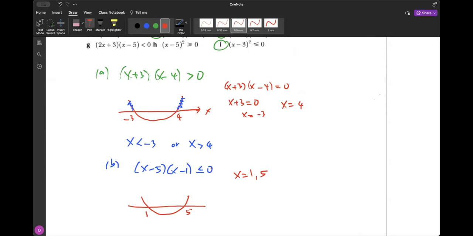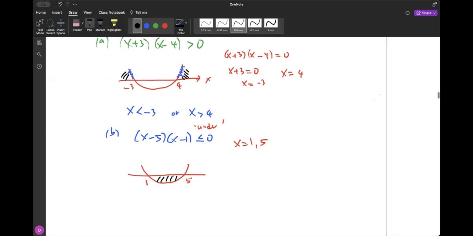This is under 0. Less than 0 is under 0. More than 0 is above 0. More than is above. Less than is under, under the line. Can you see the under the line is this part? This one, above, is these 2 parts. Under means in between.